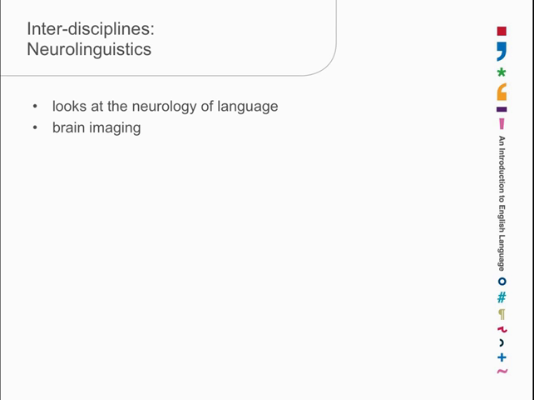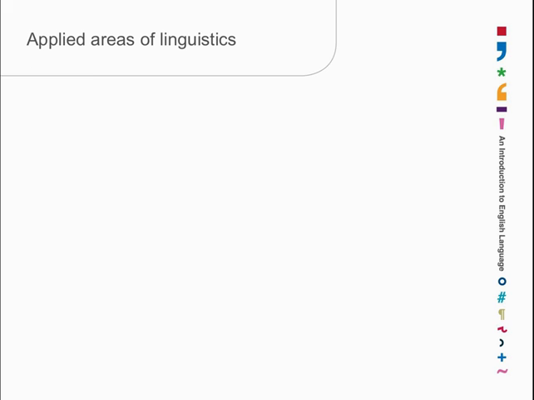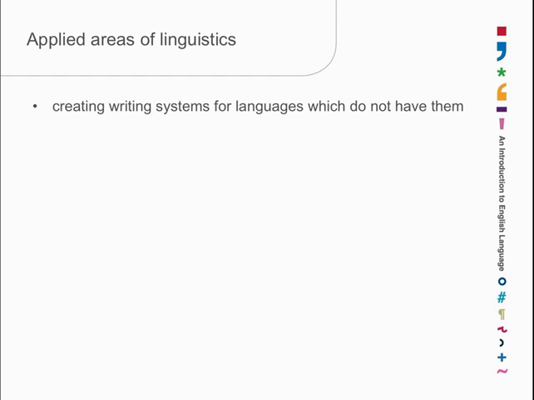Well, as with all these interdisciplines, and there are more that I haven't talked about, there are areas of applied linguistics which are also significant. One of the earliest, and it has been going on for 150 years at least, is creating writing systems for languages which don't have them.